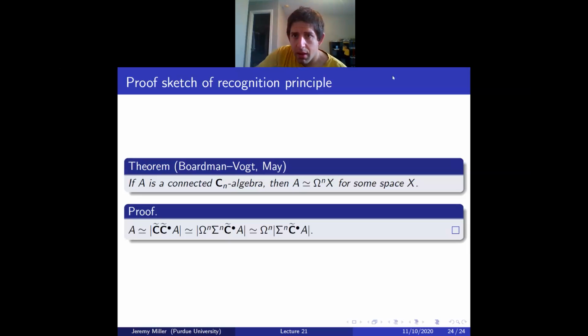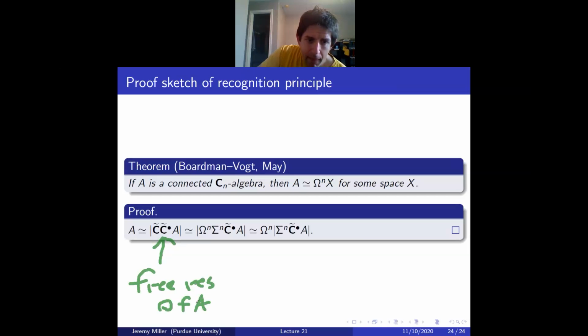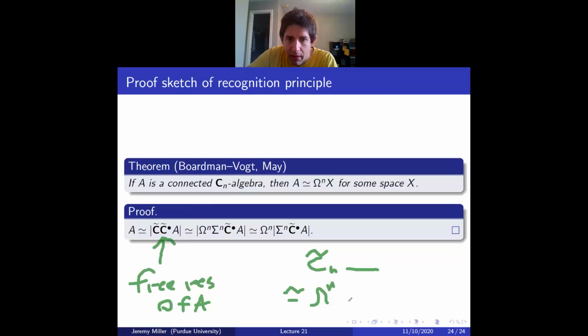A is equivalent to this free resolution of A. And then we're going to use the fact, I'm missing a bunch of n's, there should be n's here, that C_n of blank is going to be equivalent to Ω^n Σ^n blank by the scanning result.